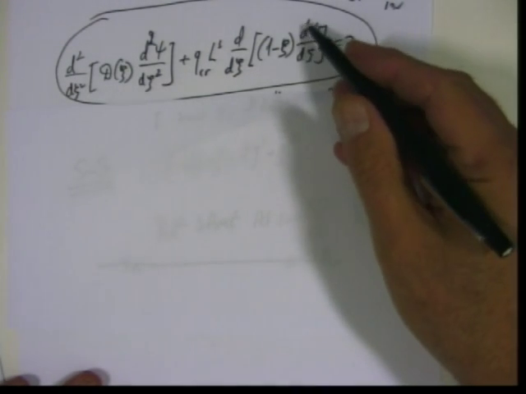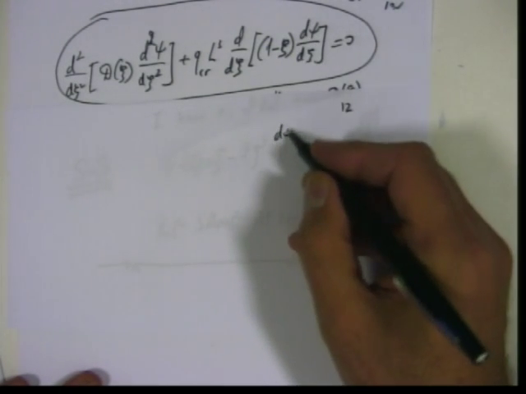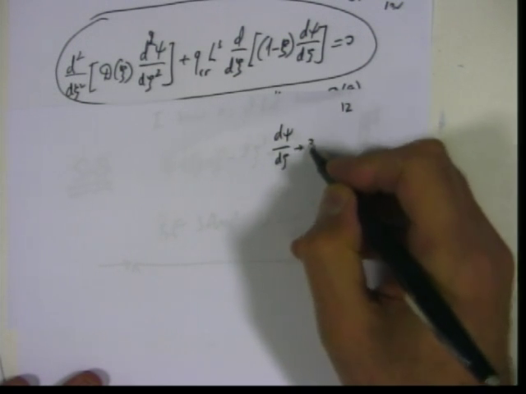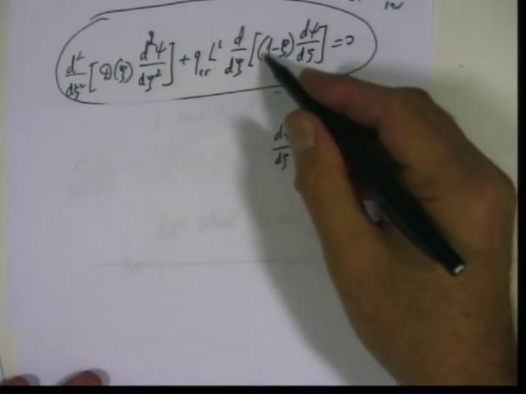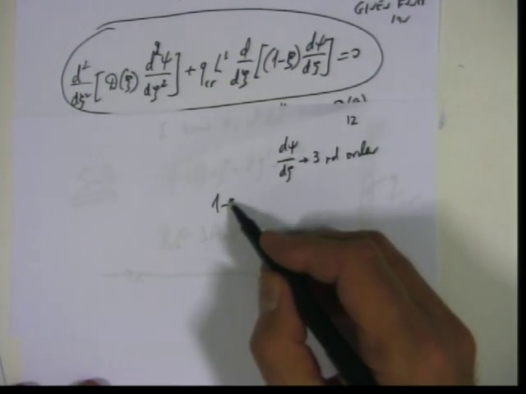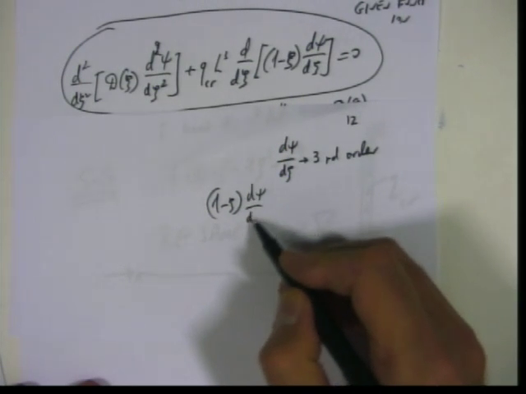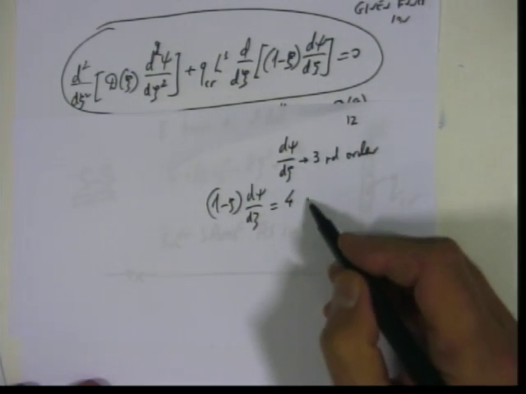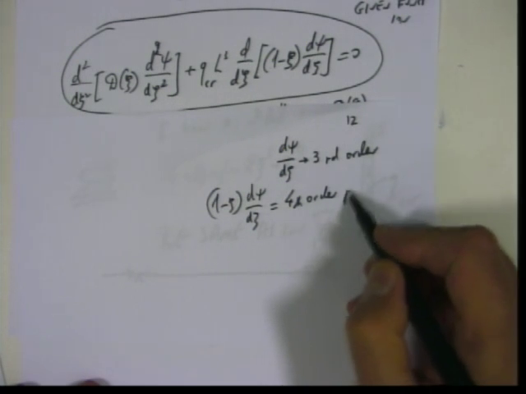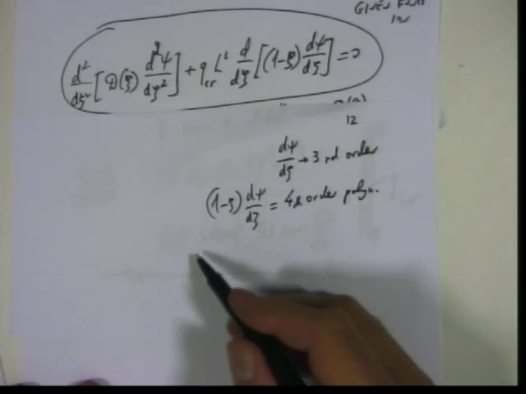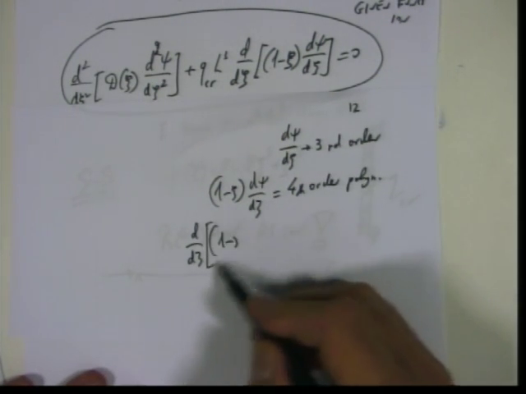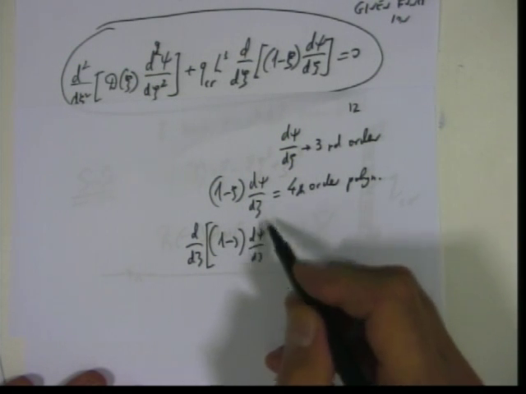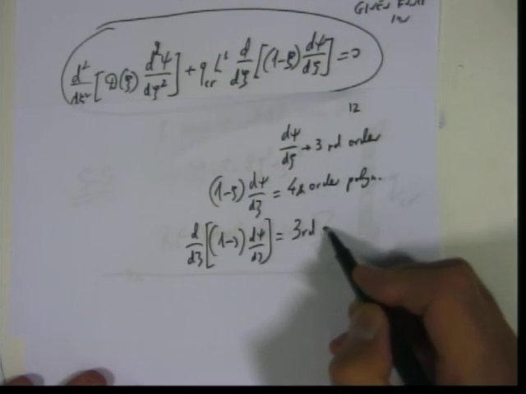So again, look please. Psi is a fourth order polynomial, so d psi over d psi is a third order polynomial. Now then this one, 1 minus psi times psi prime, is a fourth order polynomial. Then the first derivative of this is a third order polynomial.